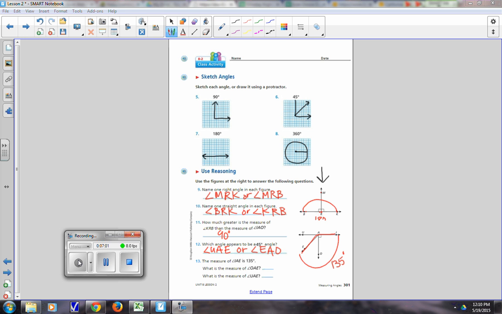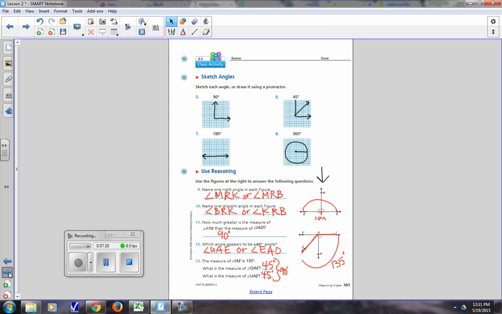What is the measure of OAE? Well, we kind of know that. It's 45. Right? So what is UAE? 45, right? Because these two angles equal 90 degrees.